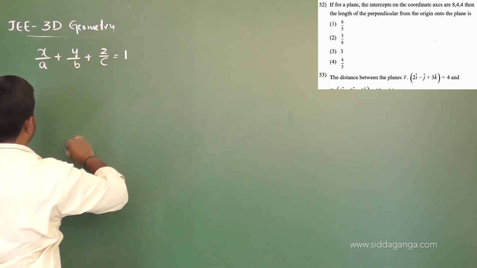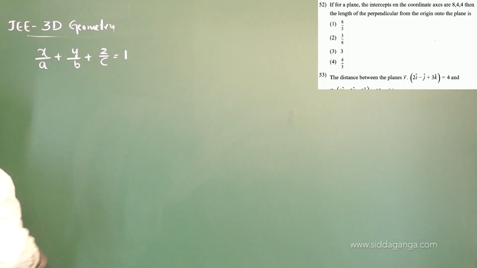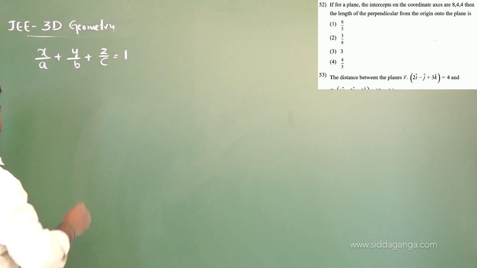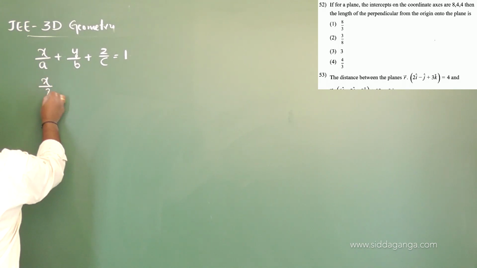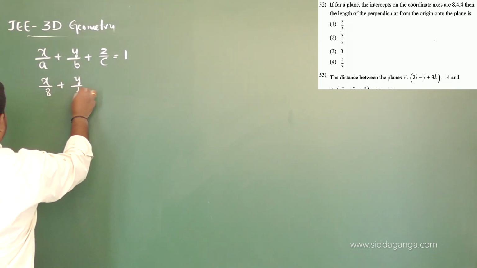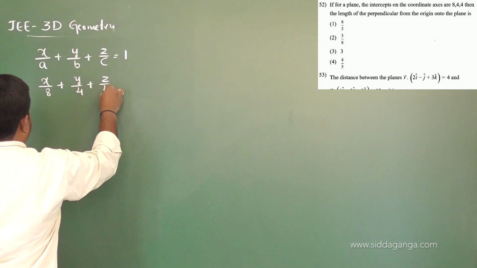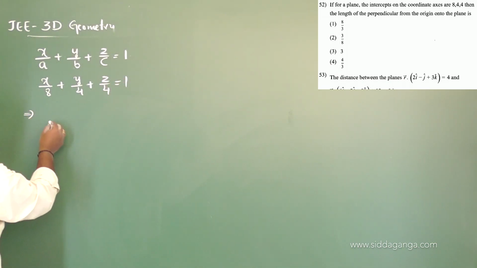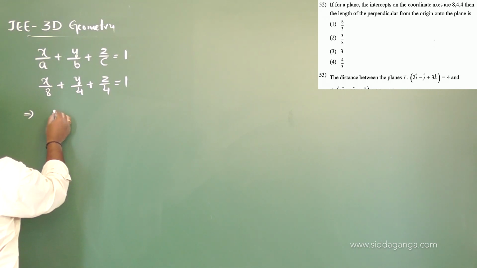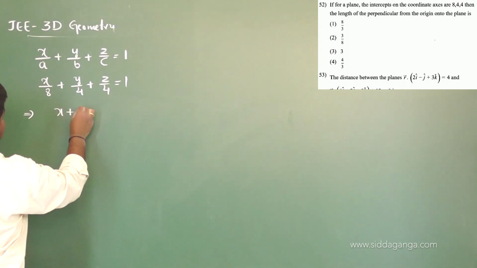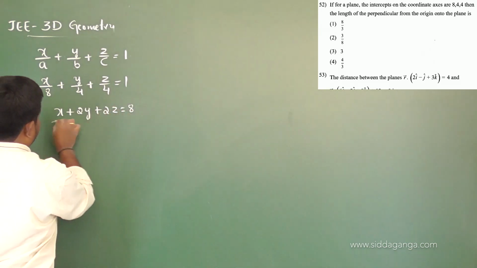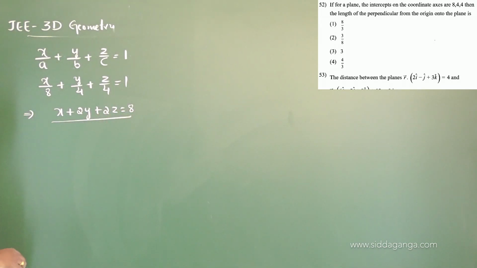This is the intercept form of the equation of the plane, where a, b, c are x, y and z intercept respectively. They have given 8, 4, 4. You mean x by 8 plus y by 4 plus z by 4 is the equation. This can be written as 8 is the LCM, so I can write x plus 2y plus 2z is equal to 8.